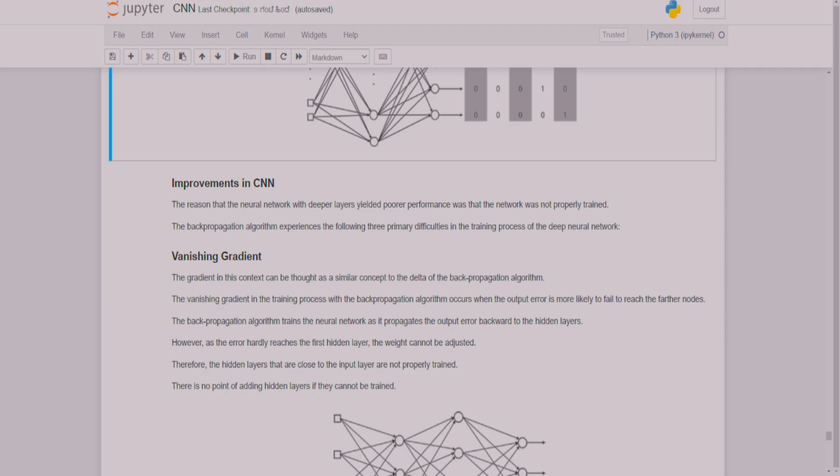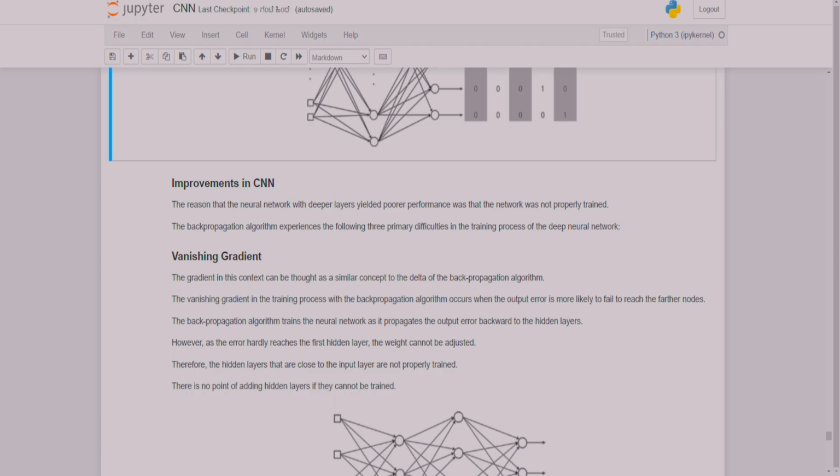That delta, we are saying, keeps on reducing as I move from the output backwards. If you have 10 hidden layers, sorry, not 10 neurons, 10 hidden layers: input layer, 10 hidden layers, then output. Whatever delta you got here keeps on reducing. When you come to the first layer, maybe it is very small.